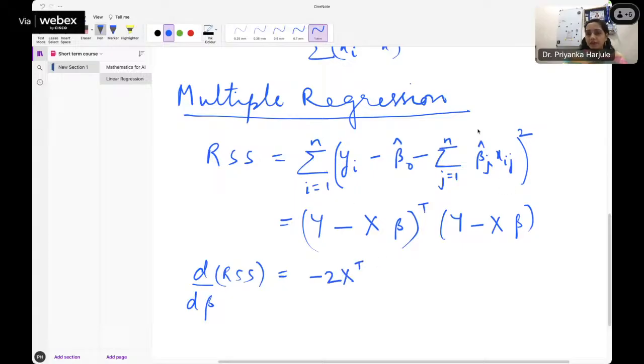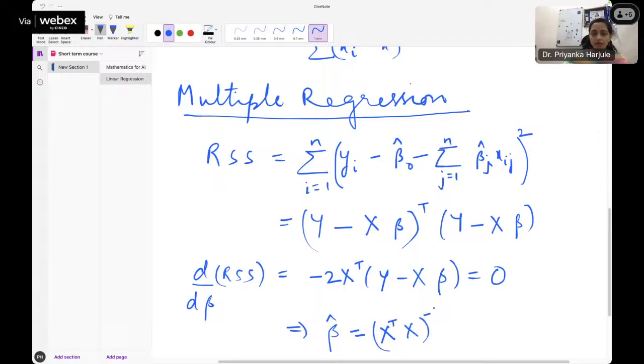Otherwise, you can take the derivative with respect to every beta from here and then express it in terms of the matrix notation. So you will get this. After equating this entire thing to 0, this will give us the estimation of the parameter beta cap as x transpose x, the whole inverse, x transpose y.